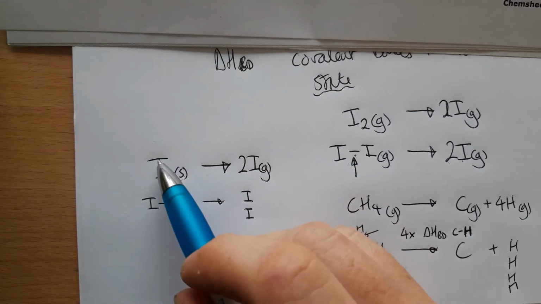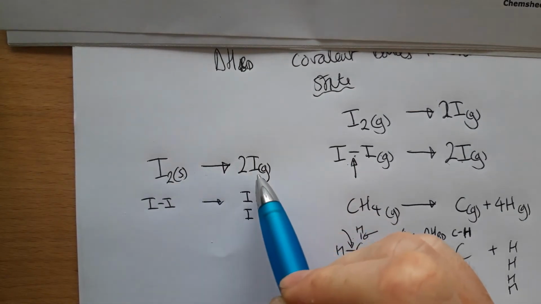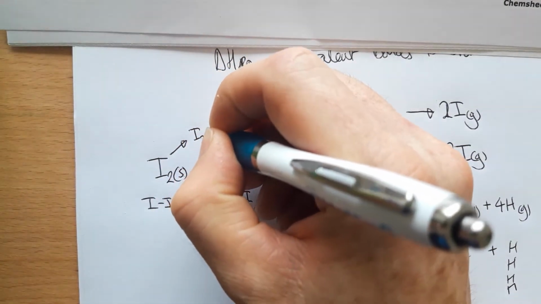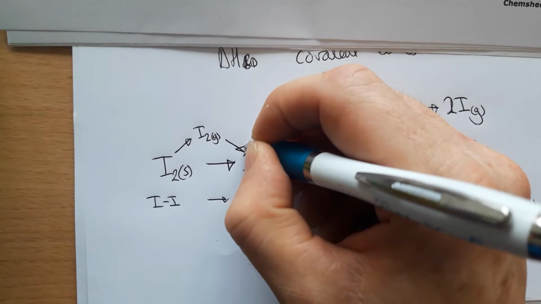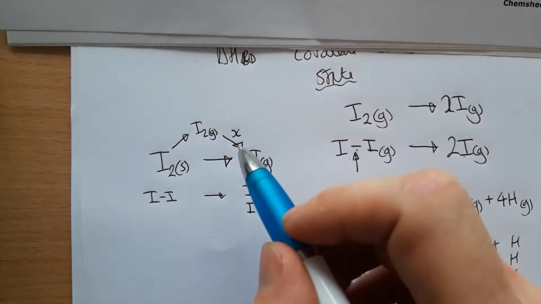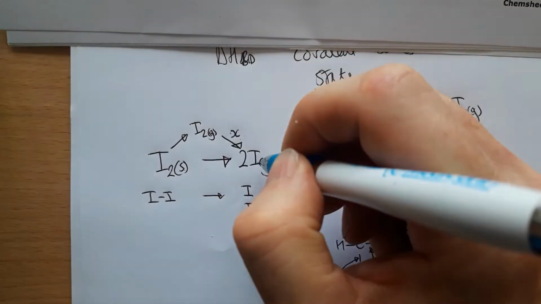In fact, to get from iodine solid to 2 iodine gases, you would firstly have to turn the iodine solid into iodine gas, and then into 2 iodines. This that I'm going to label X, that's the bond dissociation, gas to gas.